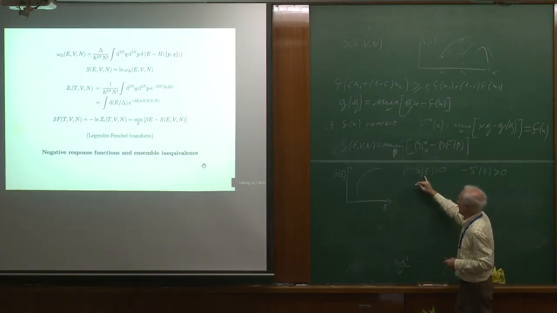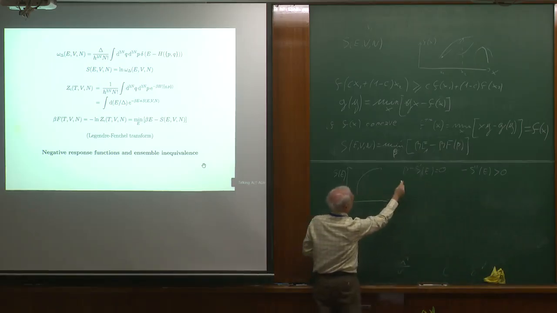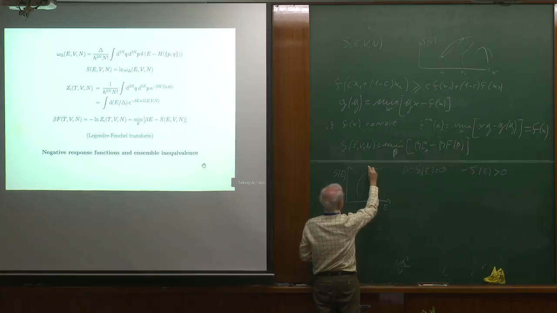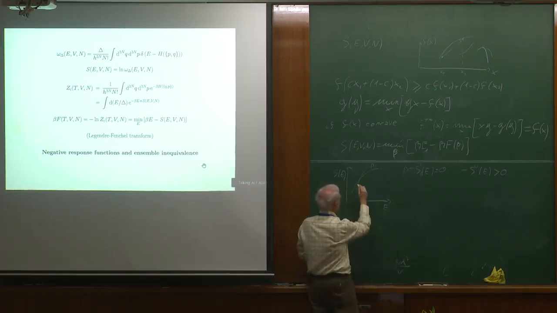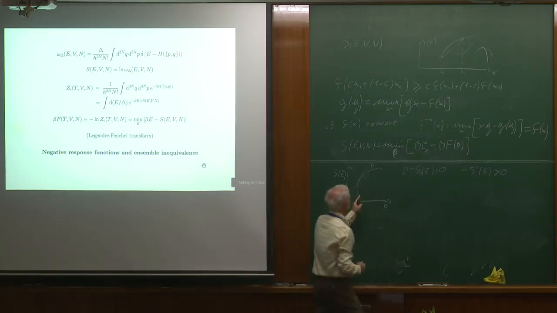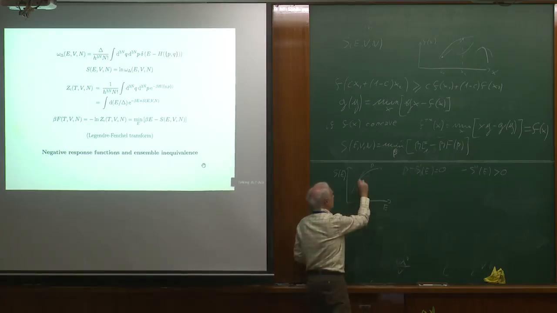And to find the point that satisfies this relation, I just have to take a straight line with slope beta and find where it touches the function S of E. And the property of concavity gives you the important fact that this is unique.